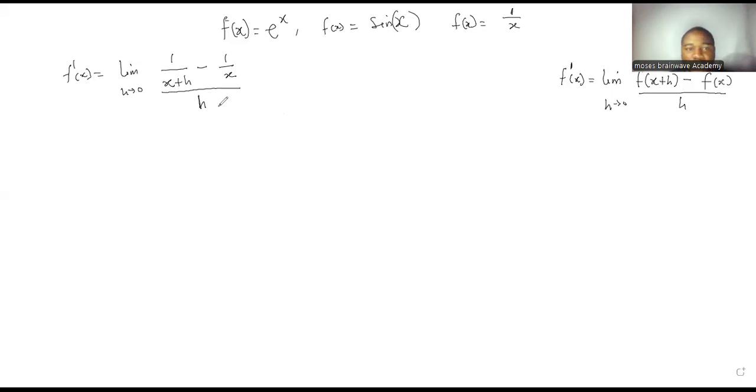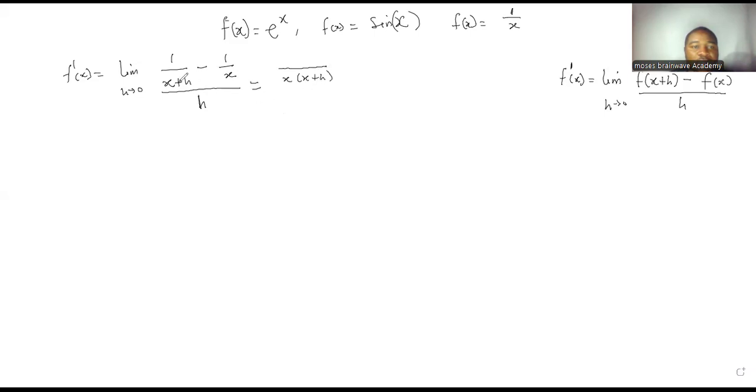So what are we going to do next? I can't pass the limit, obviously, from here. So all I'm going to do right now is try to evaluate the numerator so that h can cancel out. By so doing, I'm going to take the LCM over here. The numerator is going to be x into x plus h, right?